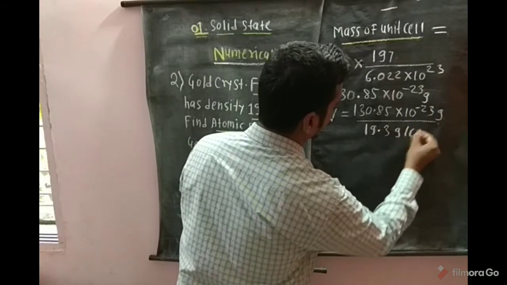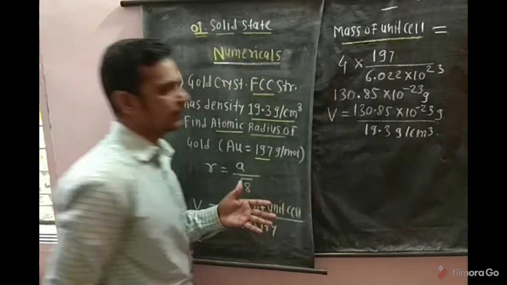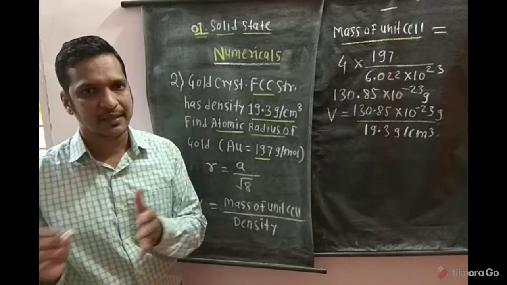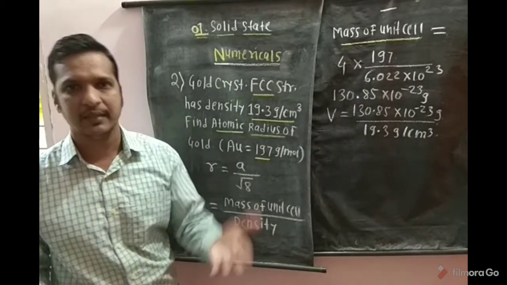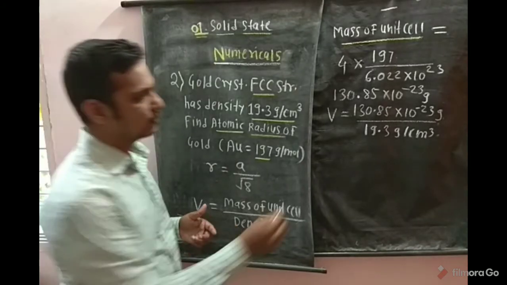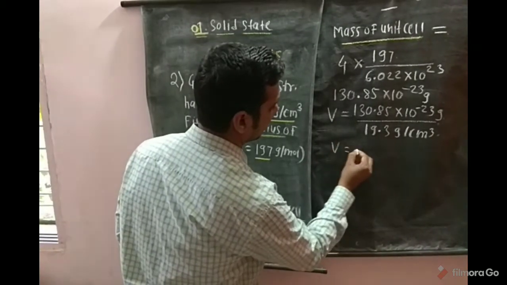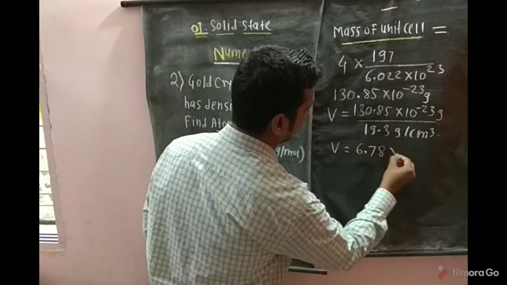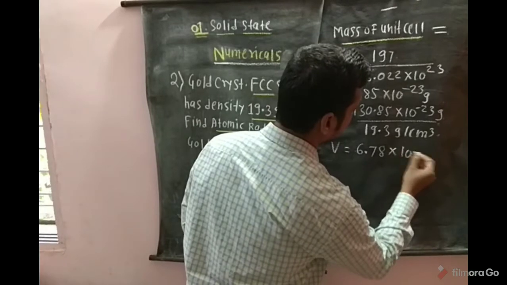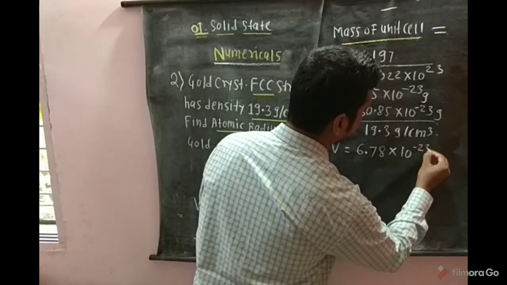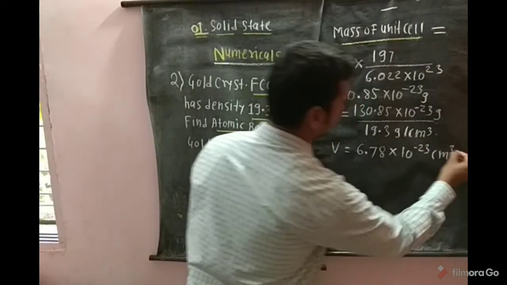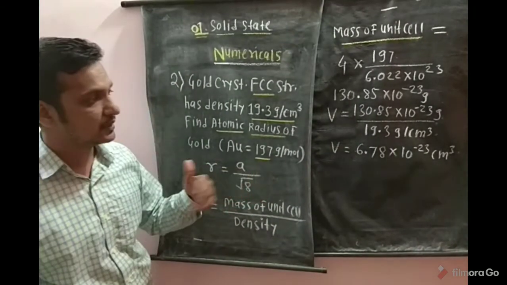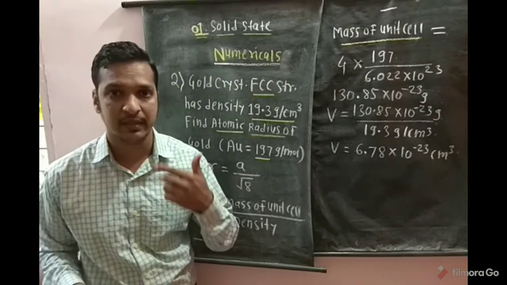By solving this, we will get 6.78 into 10 raised to minus 23 cm cube. So the total volume of unit cell V is equal to 6.78 into 10 raised to minus 23 cm cube.